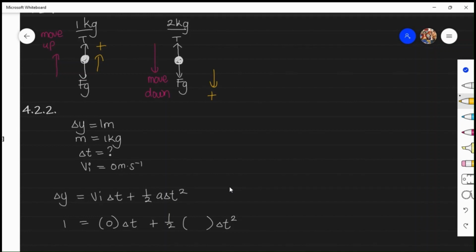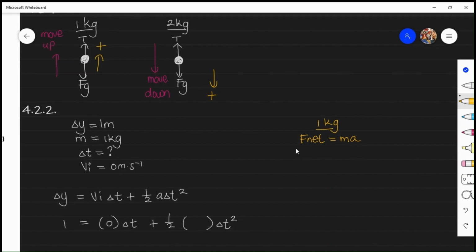Now let us try to break up our blocks into their respective forces and try to find the value of acceleration. So I'm going to start with my 1 kg block. Now we have our formula: F net equals ma. We can break up F net into tension and gravitational force, keeping in mind that tension is moving upwards, which is the direction of motion.